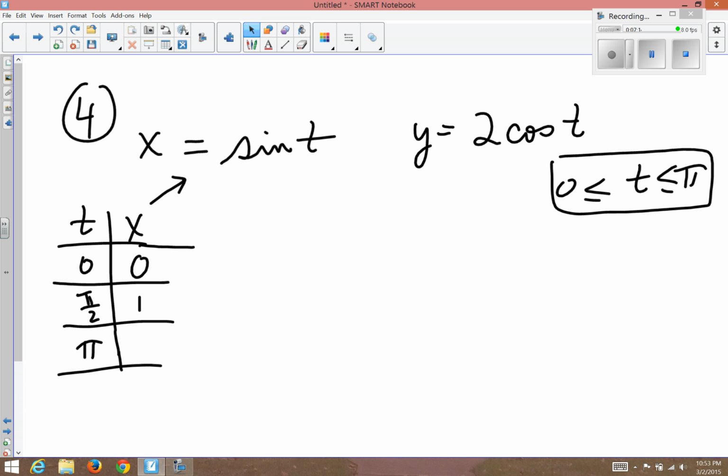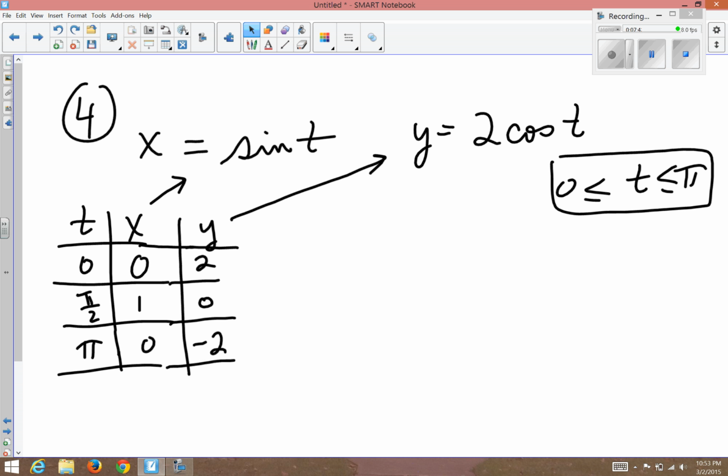When t is pi, x is 0. When t is 0, y is 0. When t is pi over 2, y is 0. When t is pi, cosine of pi is negative 1, and pi times the cosine of pi is negative pi.